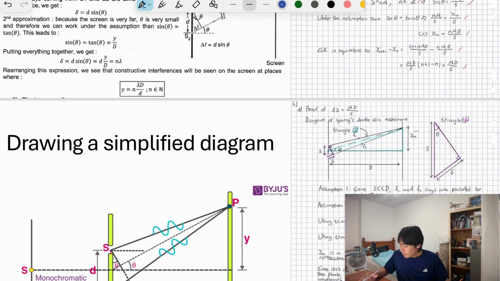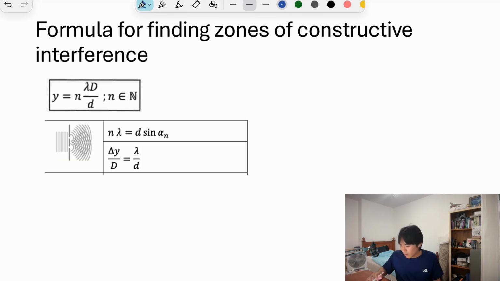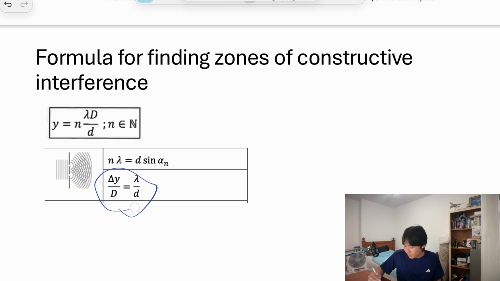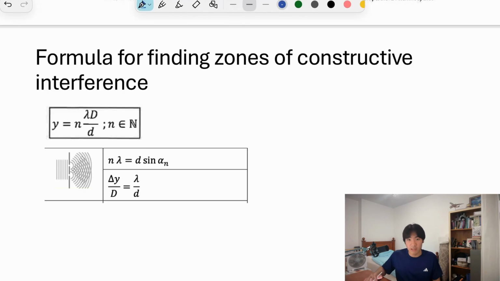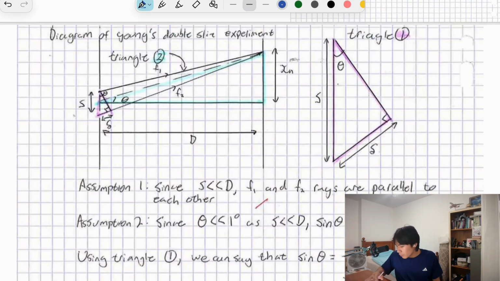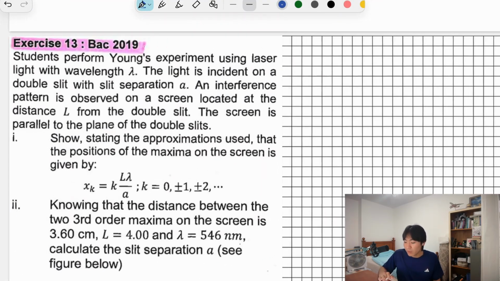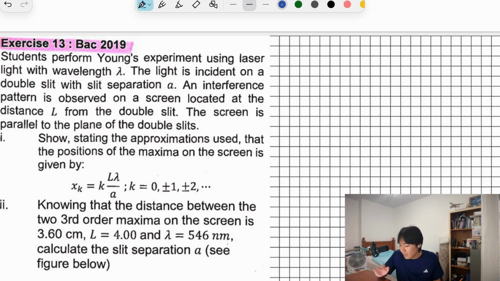So the first part, when you're asked to prove the formula here, is going to be drawing your diagrams. And I'll show you a typical question in a baccalaureate exam. This is from the 2019 baccalaureate.